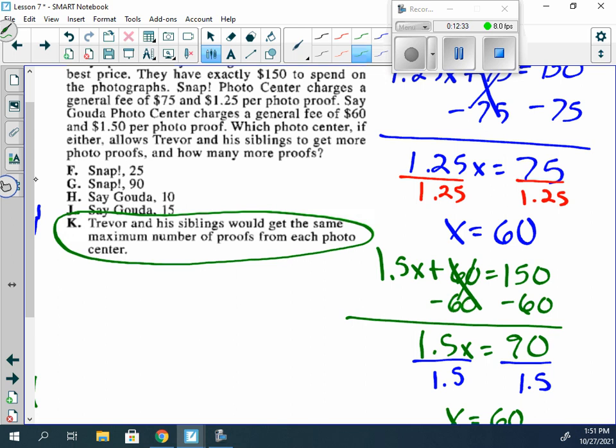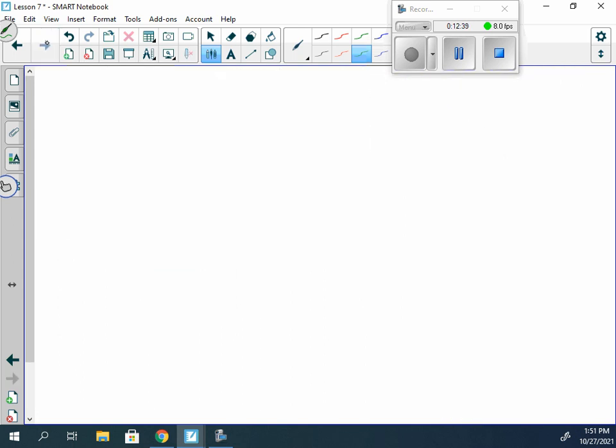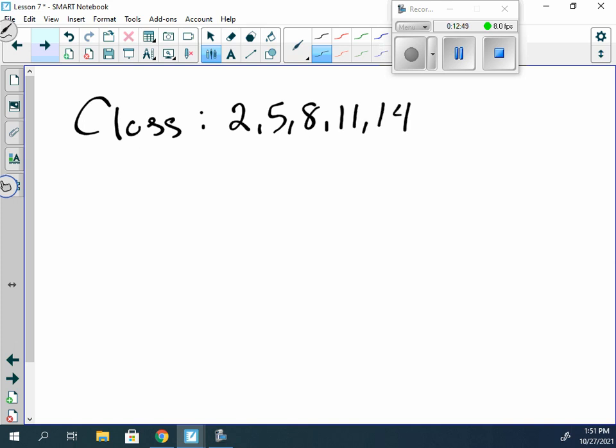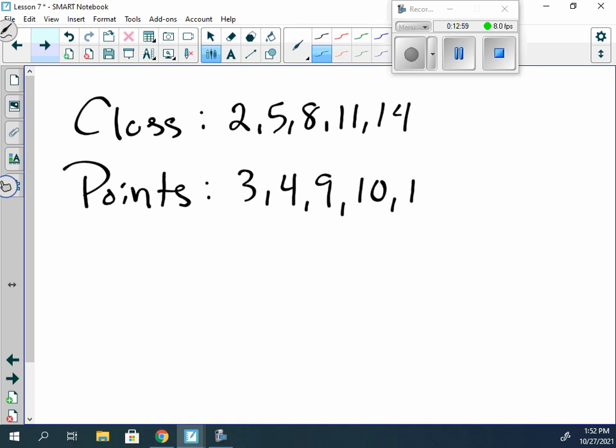Any questions on any of this here? So the ones that we did in class were problems 2, 5, 8, 11, and 14. For points is going to be 3, 4, 9, 10, and 13.